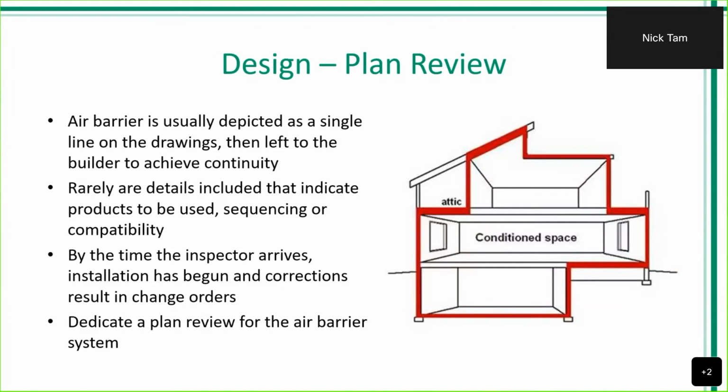It's ideal if the designers can take the time to draw the joints, all the corners, and the meeting of different materials. Best of all, the team should meet for a plan review on the air barrier assembly. Without this kind of detailing, too much is left to chance and to the abilities of the installer. And if we have a third-party inspector or anybody that's going to observe the job site, they're going to be able to point out mistakes, and that can result in change orders.